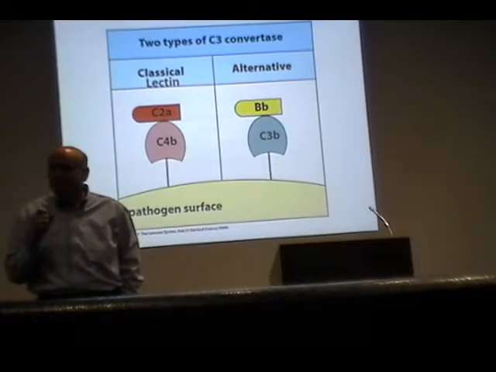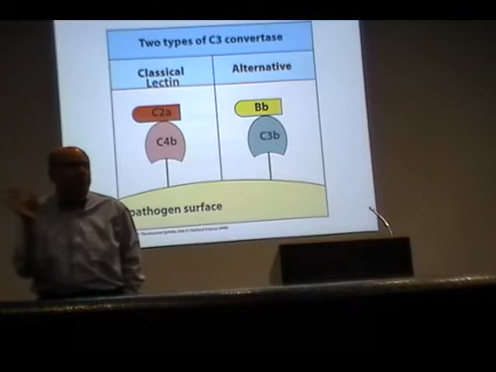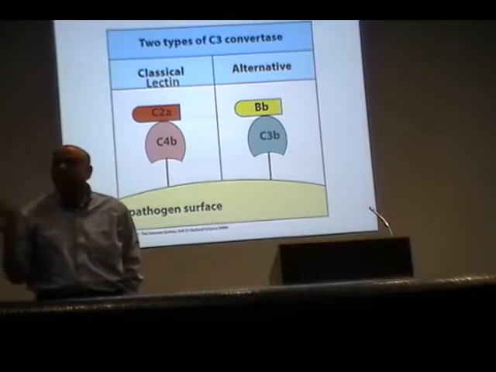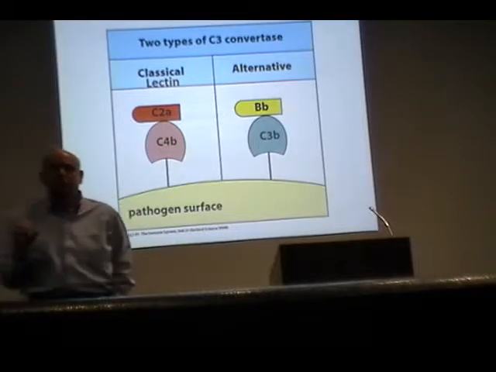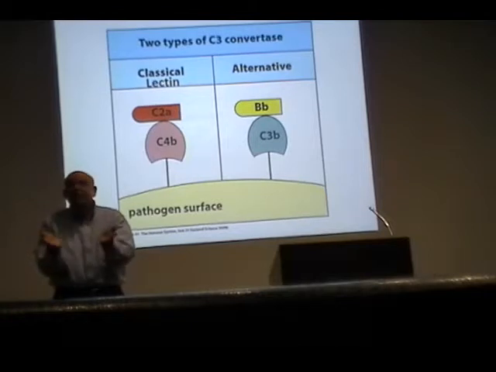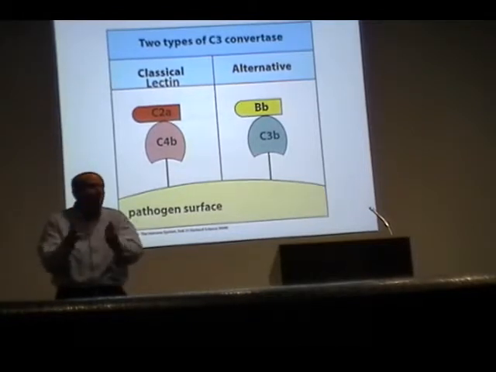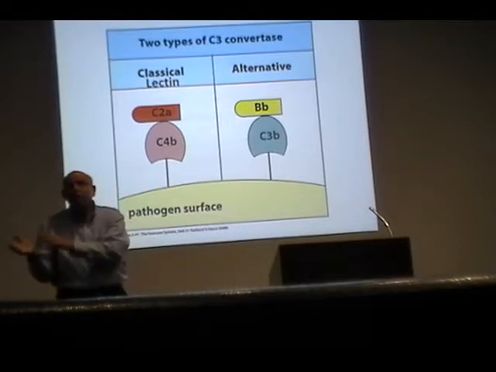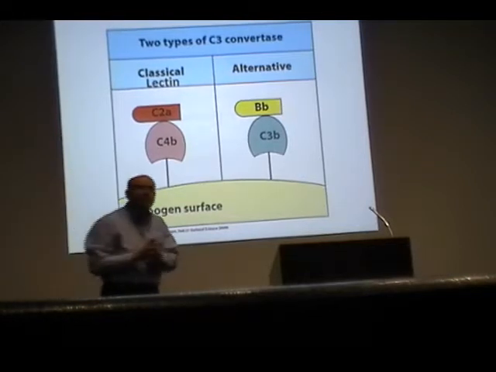I'm 99% sure. Just like BA, I said BA just gets cleaved and you ignore it. I'm pretty sure C2B, just ignore it. It doesn't have any biological activity. 99% sure that's true. And given the parallel, you see that BA does nothing. Parallel-wise, C2B should do nothing. And I'm pretty sure that's right.